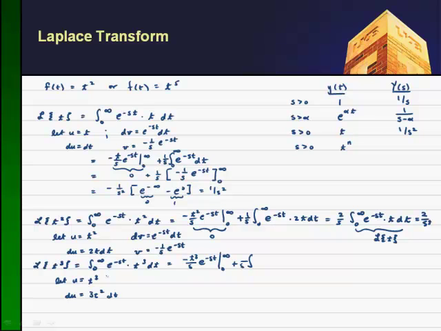I'll pull that constant out. My du has a 3 in there that I could pull out, but it also has a t squared dt. So I have the e to the minus st from v, and then the t squared dt from the du that remains in the integrand. Okay, so 0 to infinity. Well, if I look at this, this is just the Laplace transform of t squared.